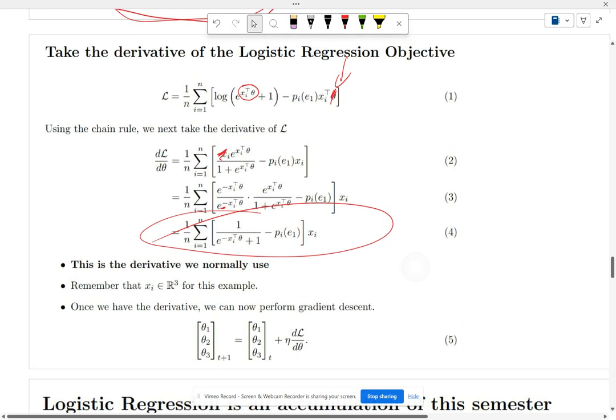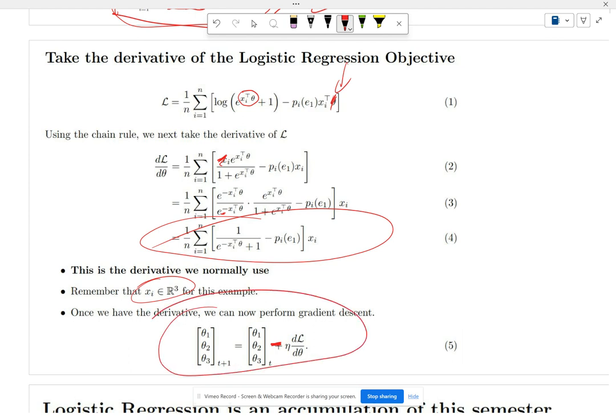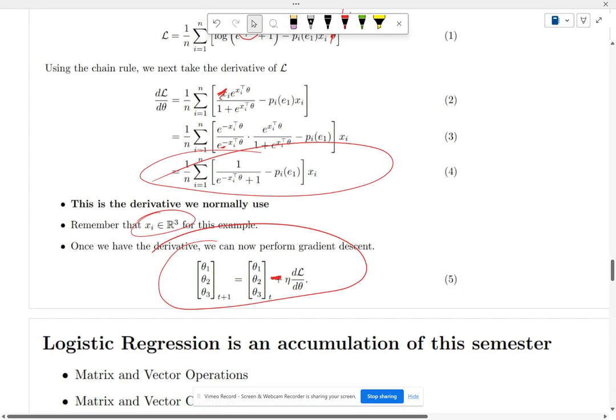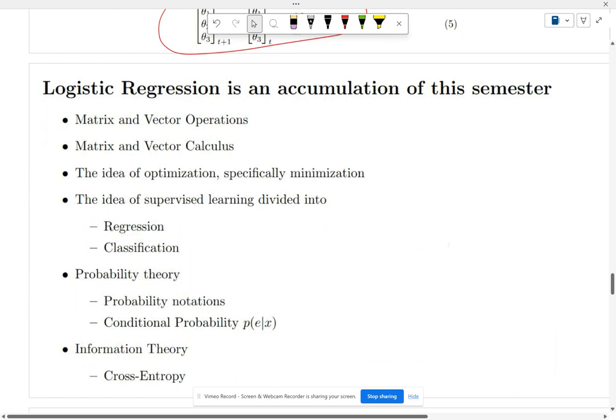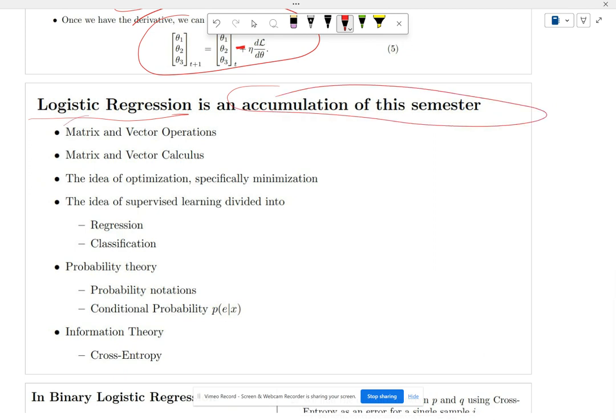Now remember that, for example, if we had dimension 3, then the gradient descent, this should be a minus. Gradient descent will have this equation. Now, if you think about it, logistic regression is quite an accumulation of everything we learned this semester: all the matrix and vector operations, right?